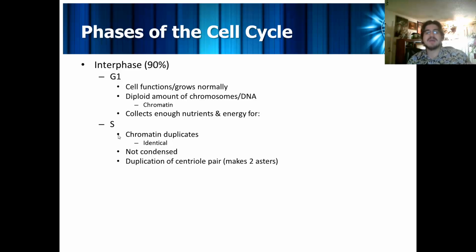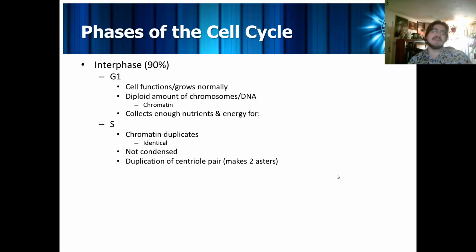In S phase, we also have the duplication of the centriole pair. So the centriole pair, with the little microtubules coming out from around it, is an aster. So duplication of the centriole pair is duplication of the asters. So in other words, we make a second aster.